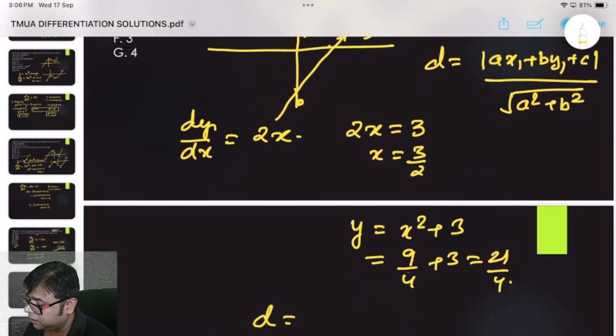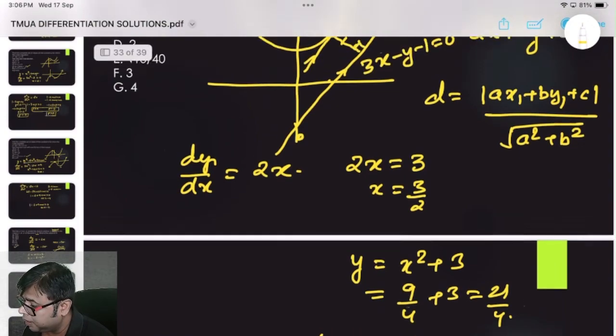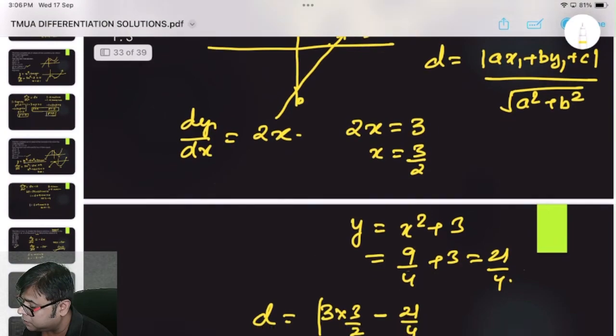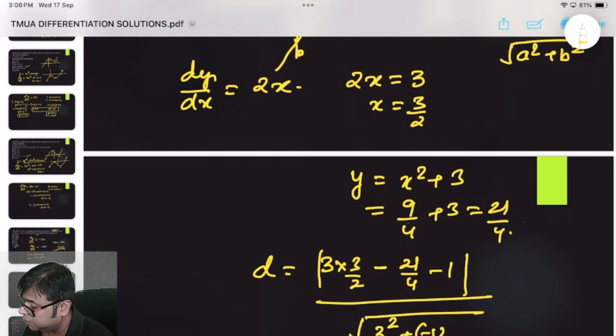The distance will be mod of 3 into 3 by 2, minus y, which is minus 21 by 4, and then minus 1, upon root of 3 square plus minus 1 square.